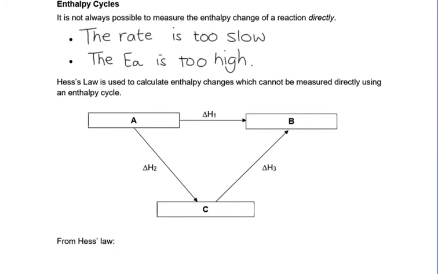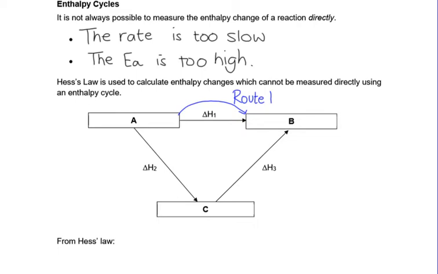I want to turn A into B, but for whatever reason, I can't do that directly. That would be called route 1, and that's our direct route. But I can turn A into C and measure that, and then I can turn C into B and measure that.